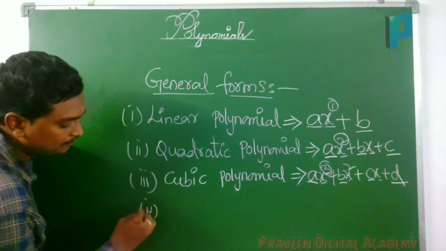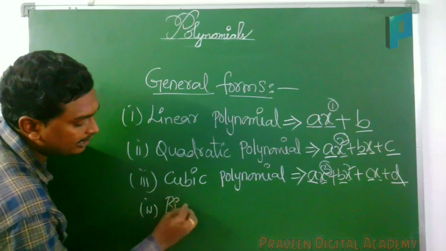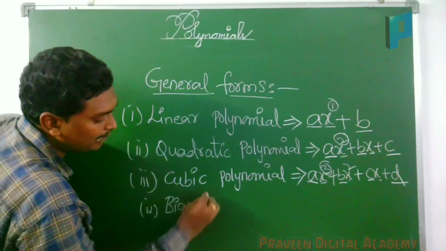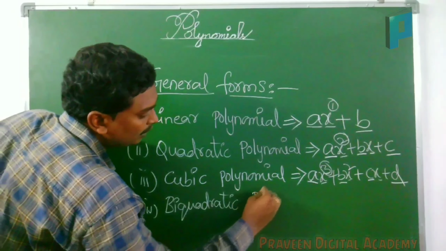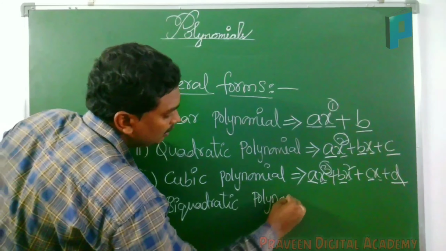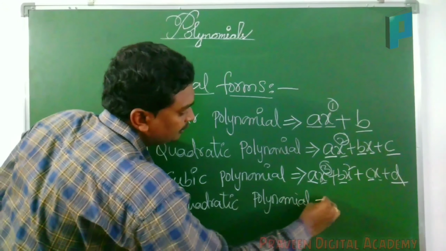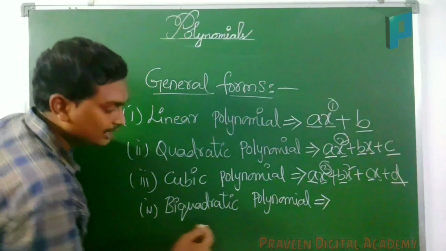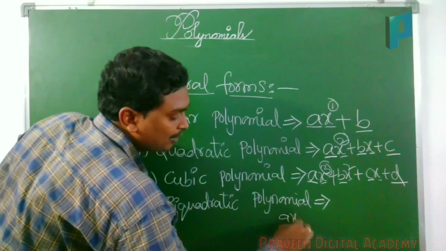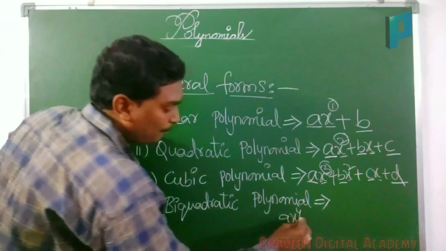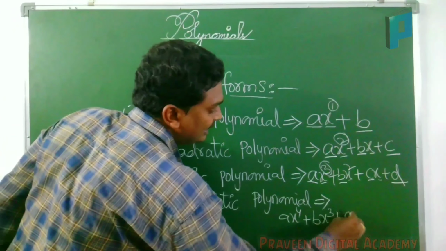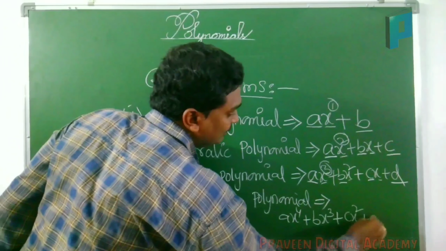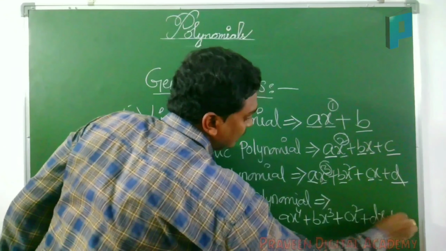Now fourth one, biquadratic polynomial. General form is ax power 4 plus bx cube plus cx square plus dx plus e.